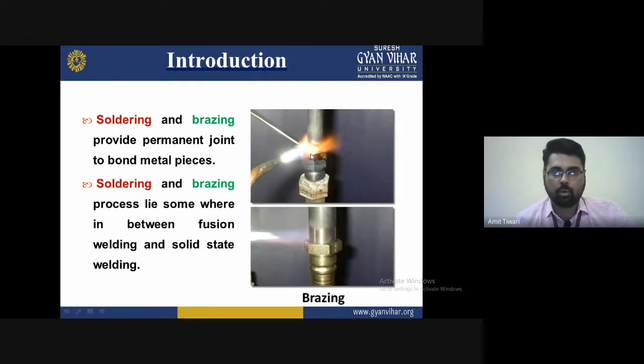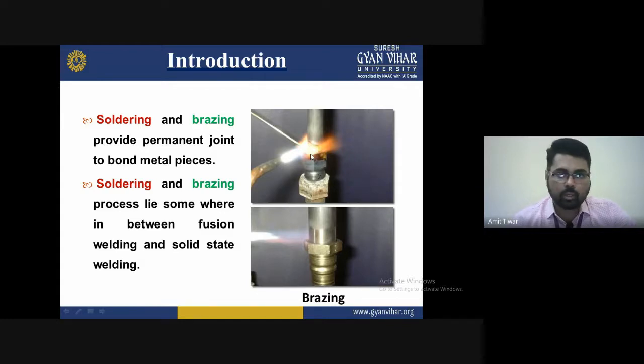Generally, in the market, if you are working on computer applications and joining some circuit, or fabricating a small circuit and joining some individual part or small section, it happens with soldering and brazing.